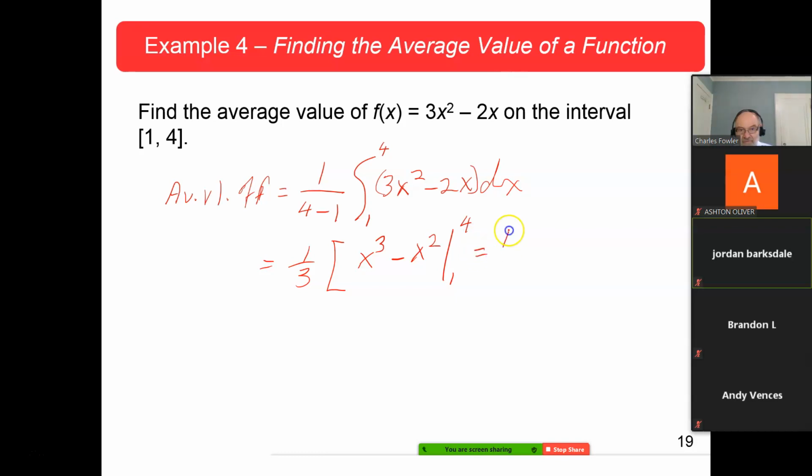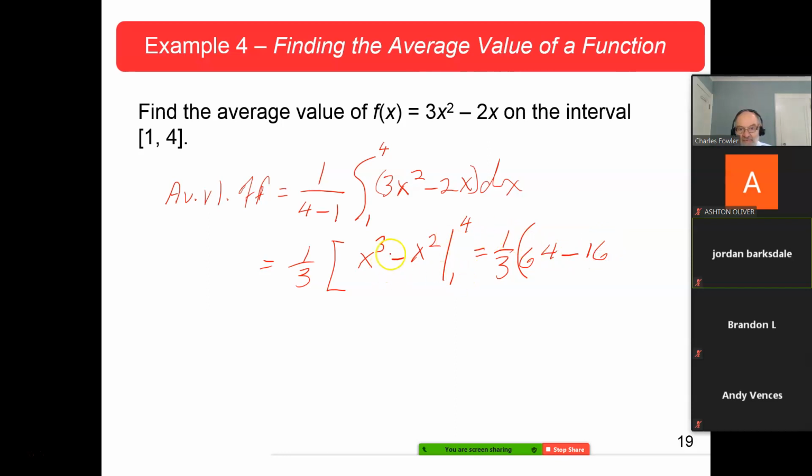So this will be 1/3. Okay, cube 4. 4 times 4 is 16. 4 times 16 is 64. Minus square 4, and you get 16.